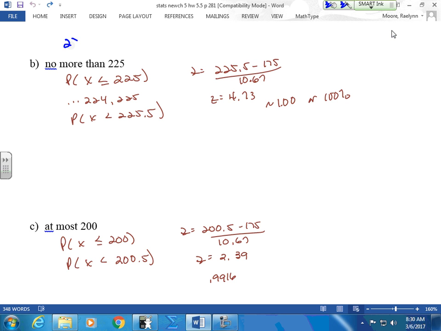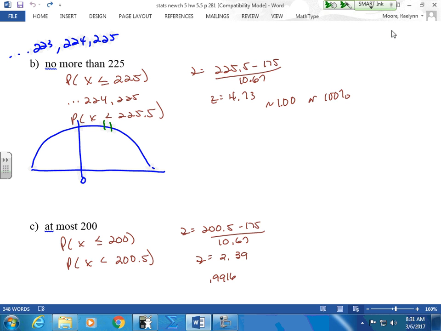So you had 224, 225, 223, all the way down. So here's my curve. I don't remember where the numbers are. What's the mean on this, 175? So somewhere up here, here's my numbers. Here's my numbers over here.